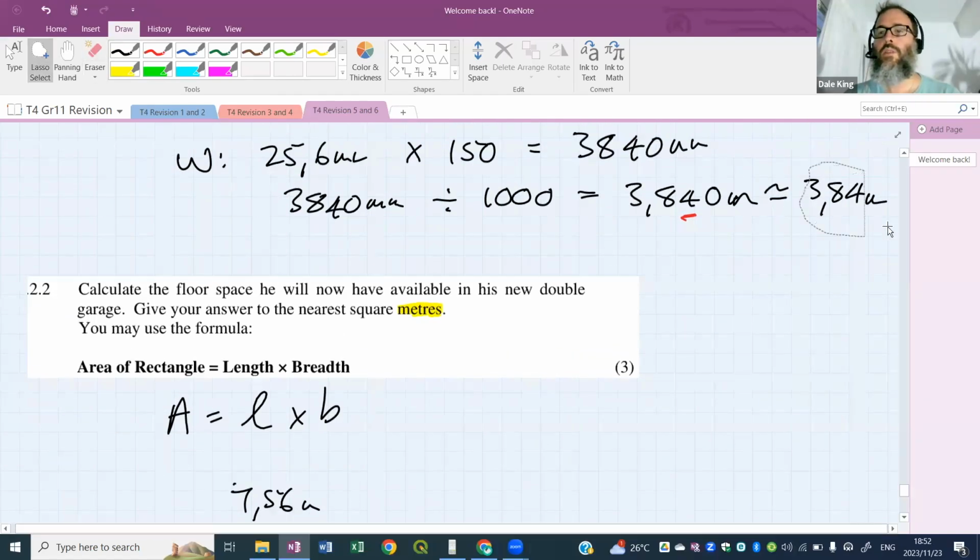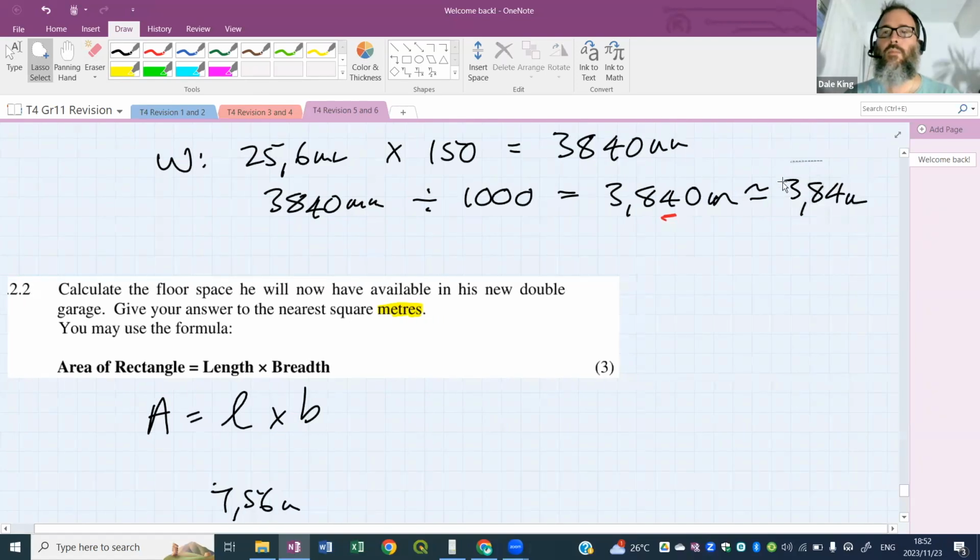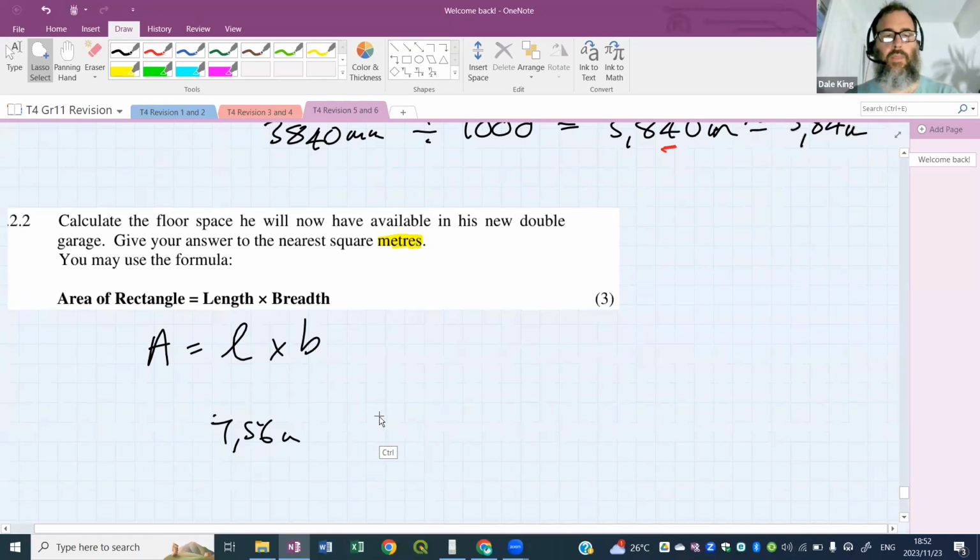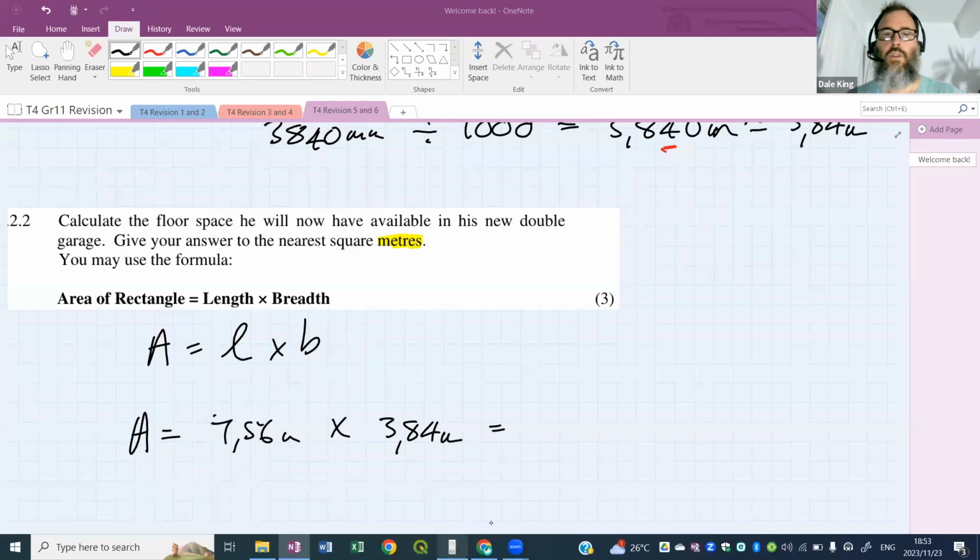We need to multiply these two values together. And what do we get? All right, Keon, as usual, fast with the fingers.